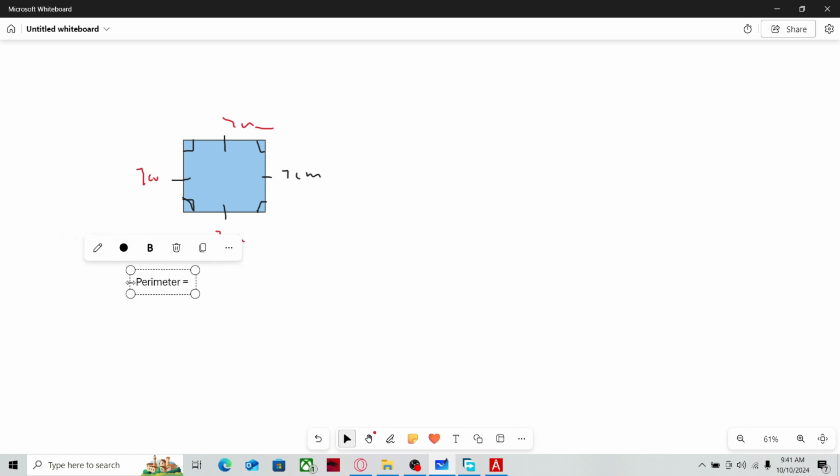Perimeter is equal to 4 times the length, that is 7, which gives you 28 centimeters, right? That's all. The perimeter of this figure is 28 centimeters. Or you can do it the old-fashioned way, length plus length plus length plus length, still 28 centimeters.